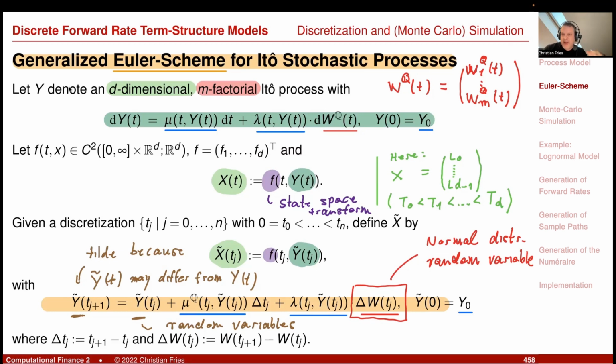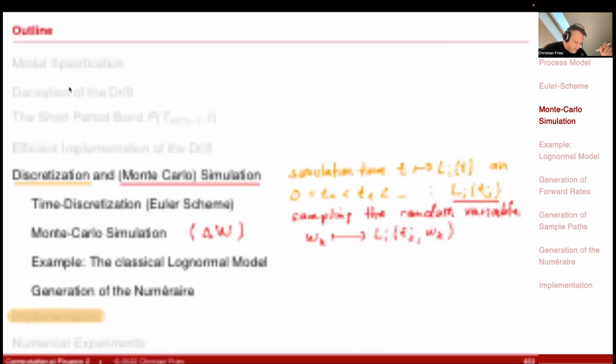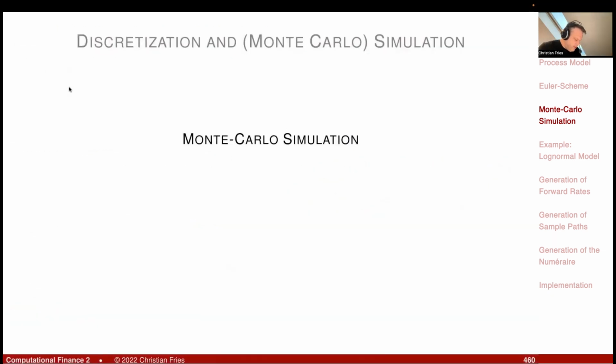And then it's just functions of this random variable plus an additional delta W. So my generation of risk, my generation of randomness comes from this delta W. So the next step is how we sample, how we generate samples of this delta W. So that's the Monte Carlo simulation.